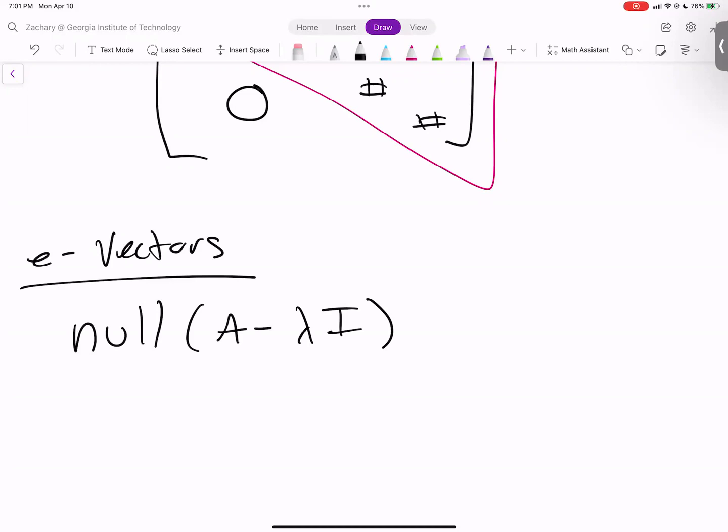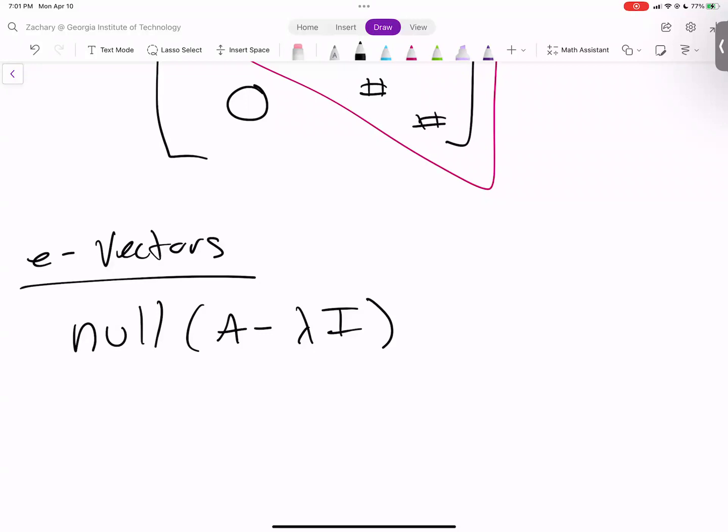Why? How did we solve for our lambdas? We found the determinant of A minus lambda I to be 0, right? So if this determinant is 0, is this invertible? No, it's not invertible. Does it have a null space? Yes.